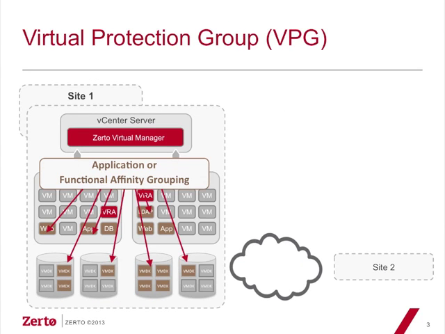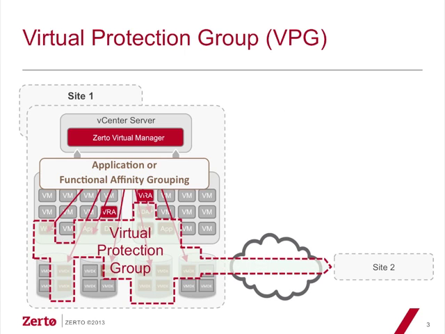The VPG allows us to collect together multiple virtual machines, group them together regardless of the host or the storage that they exist on, and put them together into a single unit that's being replicated from Site 1 to Site 2. Now, after replication is complete, we can either do test failovers or we can actually do moves.